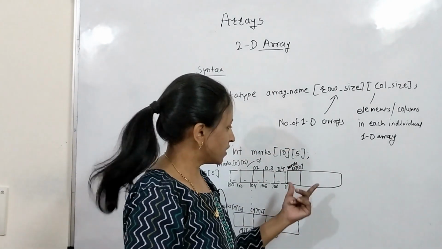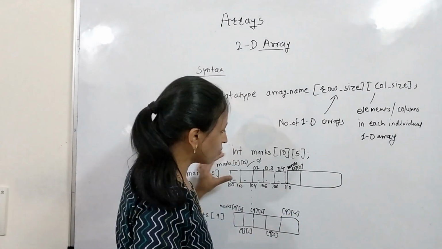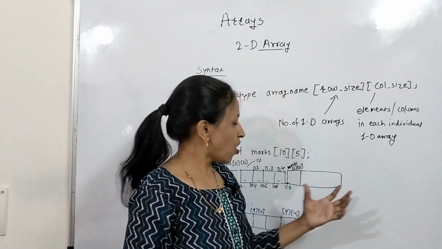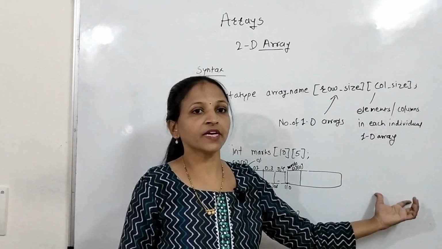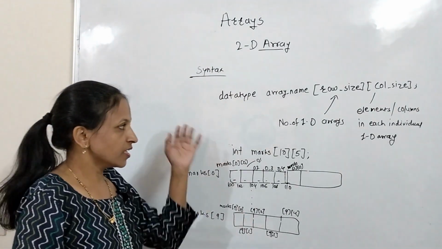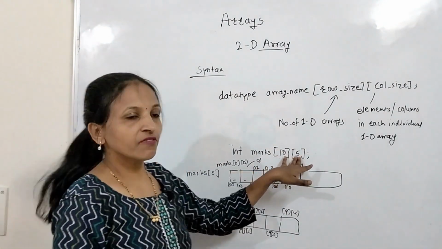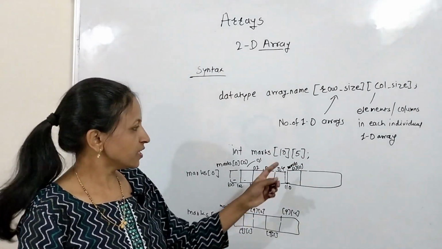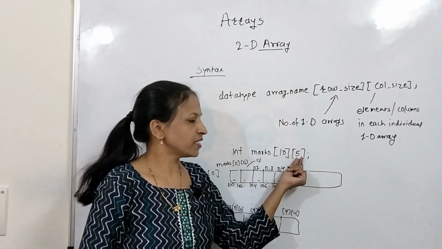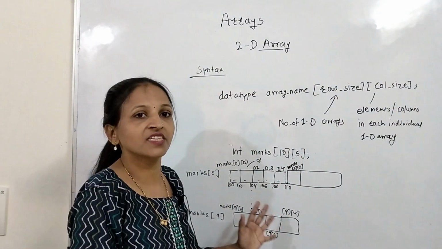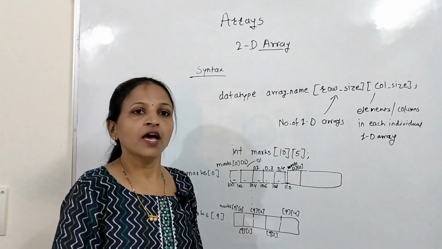Because again it is an array. Array means what? Here internally it is an array, but the whole is again an array of arrays. That's why again all individual elements of that array will get stored contiguously in memory. Getting? Now if this type of array we have declared, a total of 50 elements it will store. 10 into 5, that is number of rows multiplied by number of columns, that is nothing but the number of elements in that 2-dimensional array.